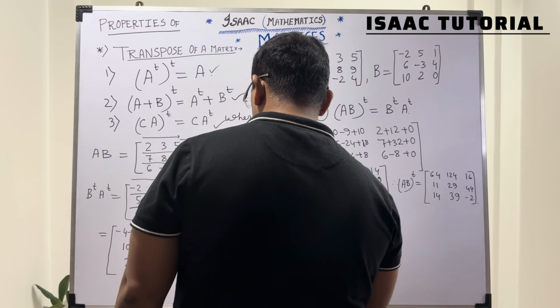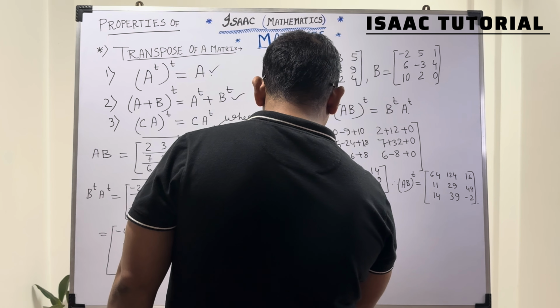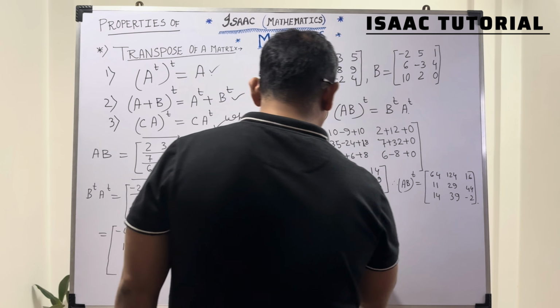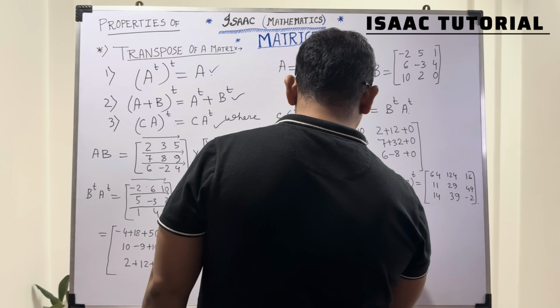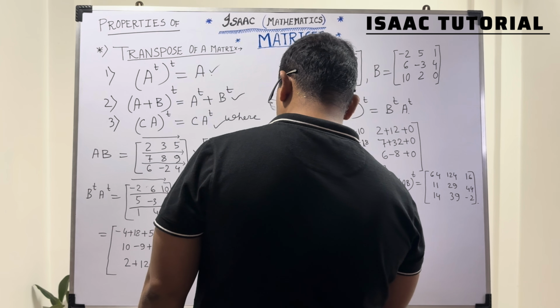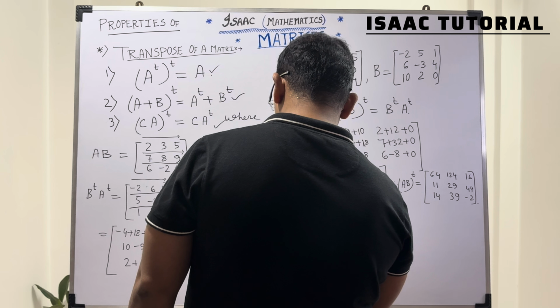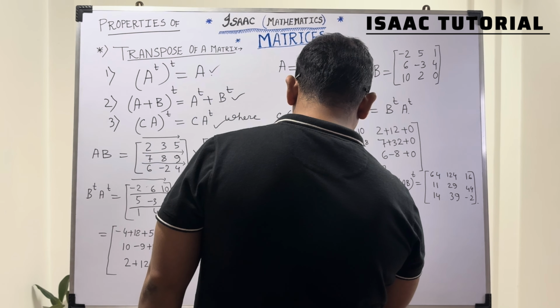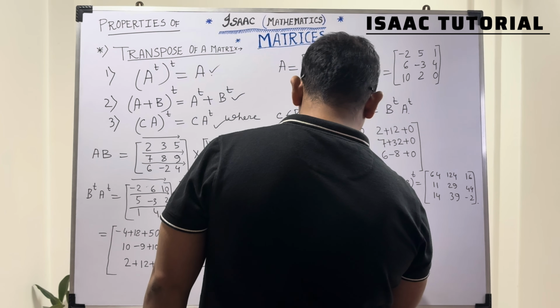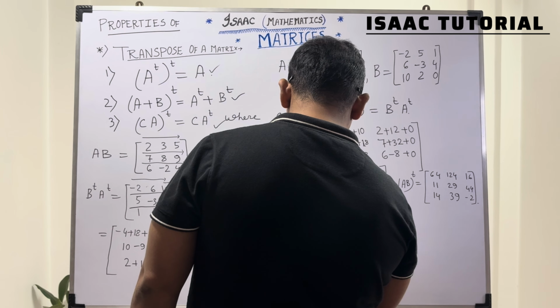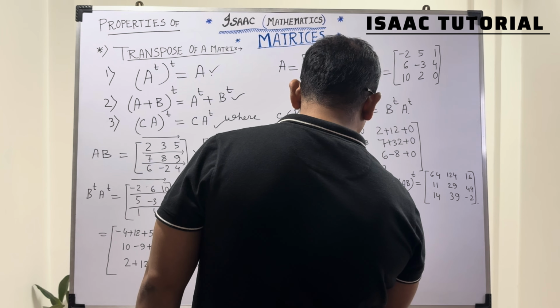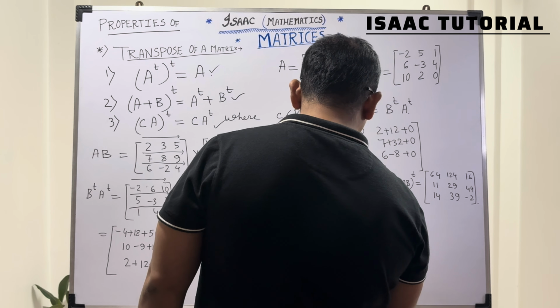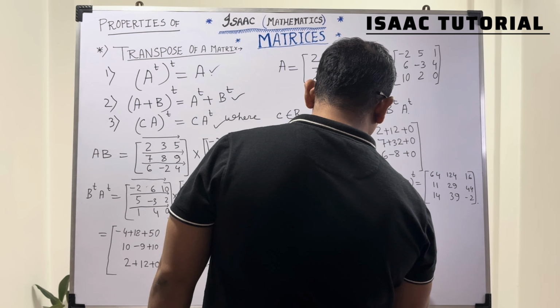This will give 64, 124, 16, 11, 29, 44, 14, 39, minus 2.